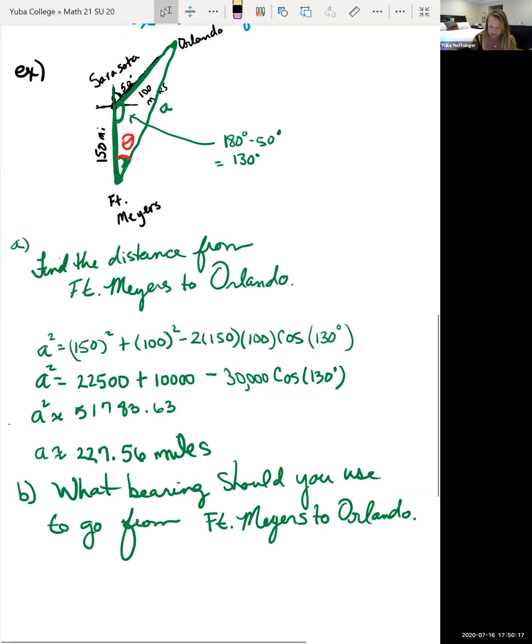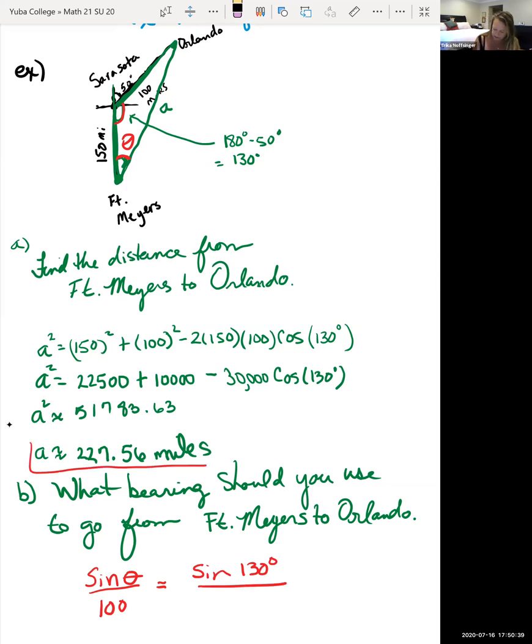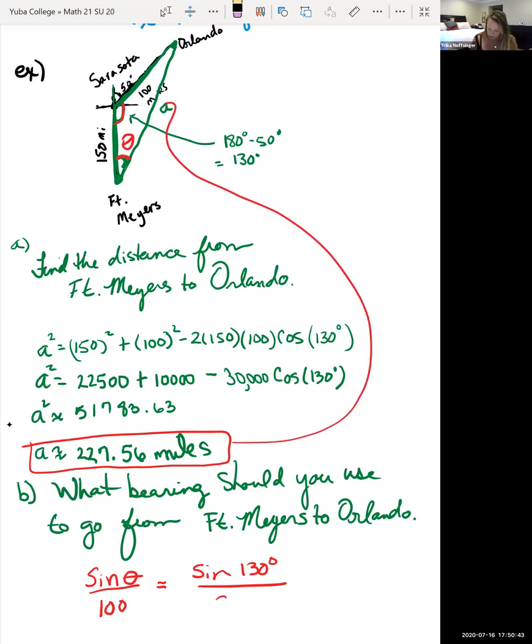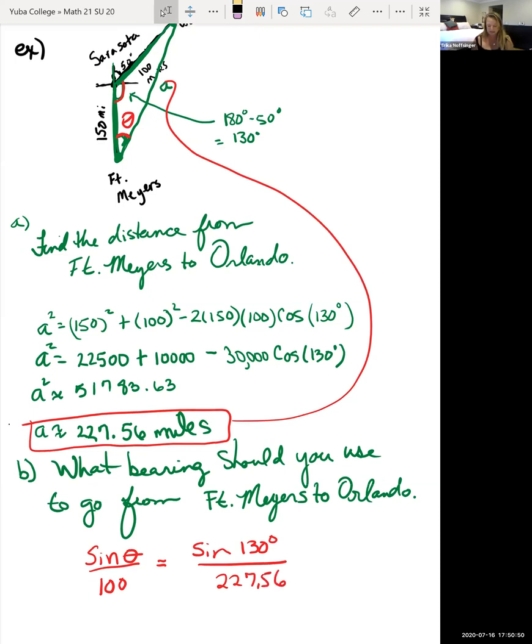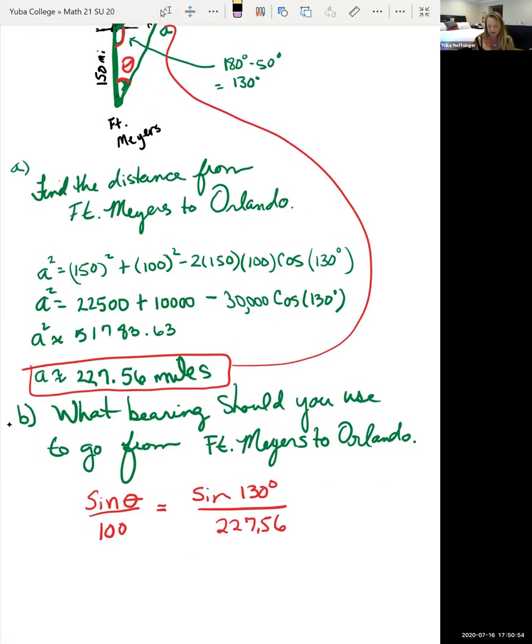So law of sines: sine of theta all over the side directly across from it, 100, is equal to sine of the angle in here, which was 130 degrees, all over the side we just found to be 227.56 miles.